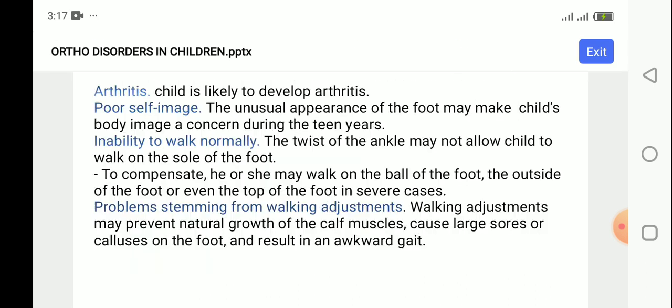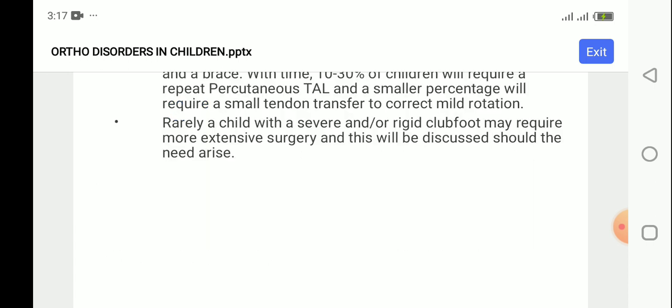And usually, if not treated properly, some of the complications we can see are arthritis, poor self image, inability to walk normally, and problems stemming from walking adjustments, that is, an awkward gait can be seen.